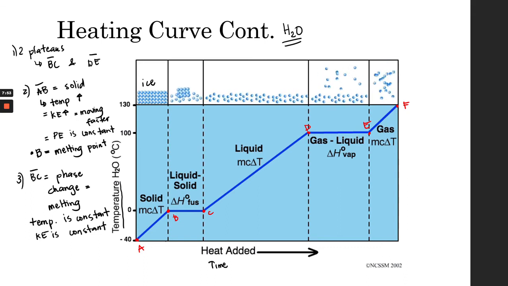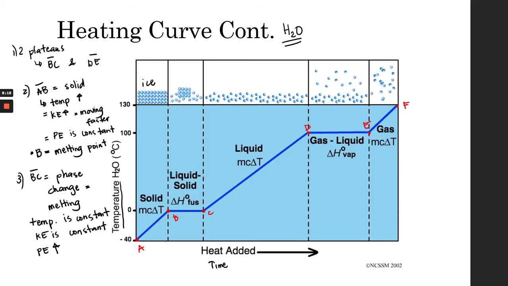It is constant because the potential energy is increasing at this point, because the heat that is being added is being used for phase change, meaning we're changing the structure of the substance.